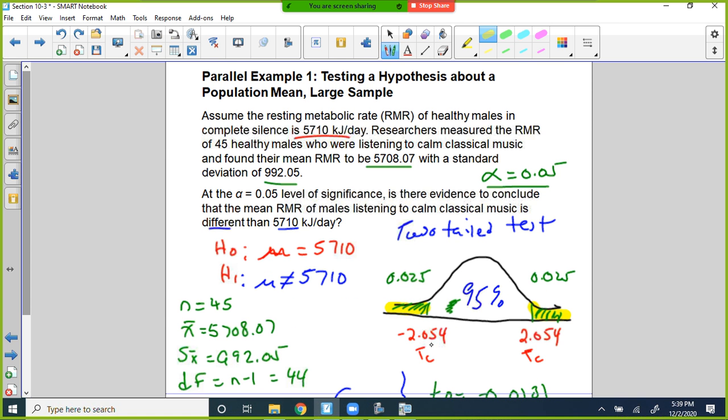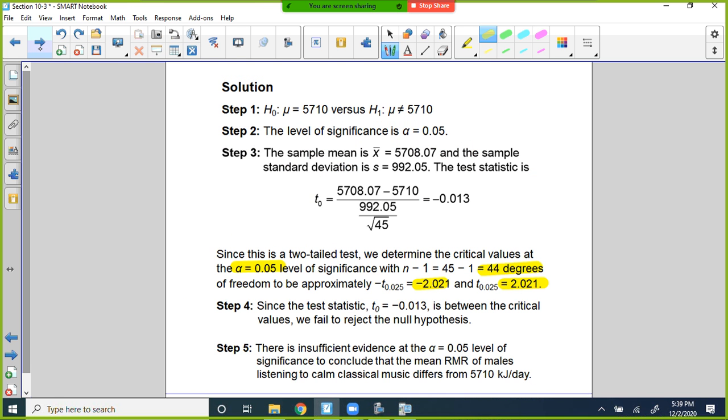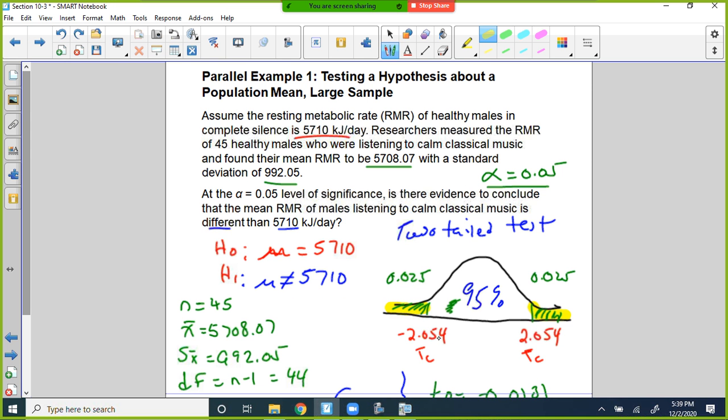I calculated it based off of the calculator, so my critical values are going to be just a little bit different, but they're not going to come into play from a standpoint of whether we're going to reject or not. What do we have? 2.02, so we were a few hundredths off. So not bad.